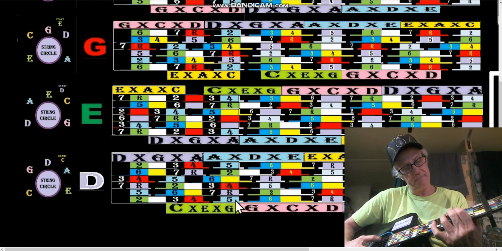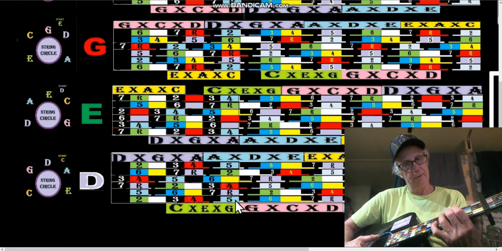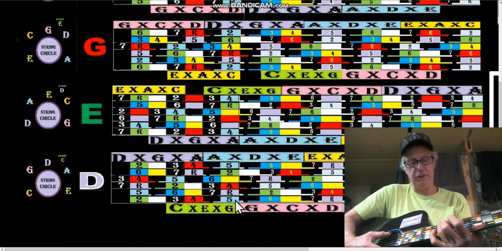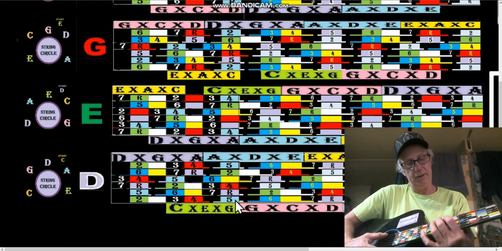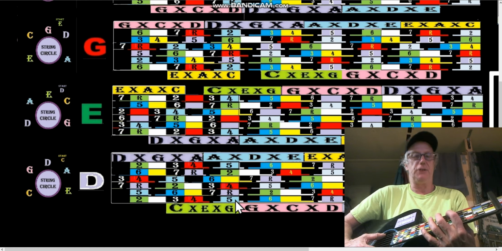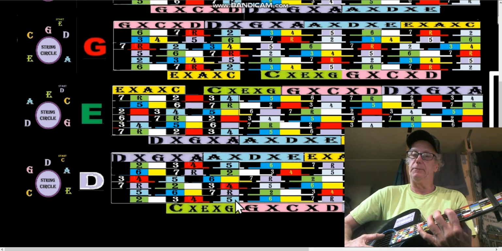Then A, then to G, then G goes to E, but actually the E pattern is 7 root 2. So it'd be only fair to call the G pattern, instead of doing the pentatonic, do the diatonic.